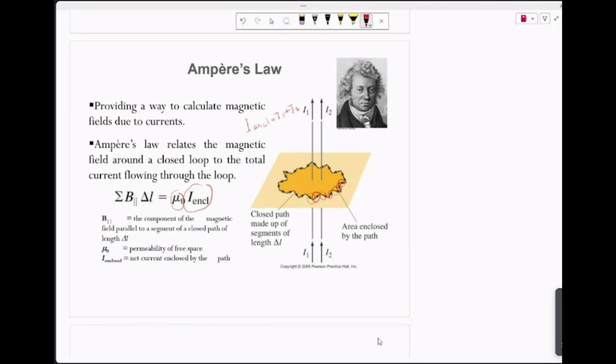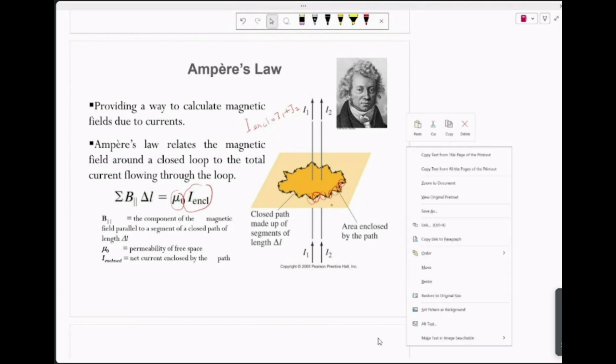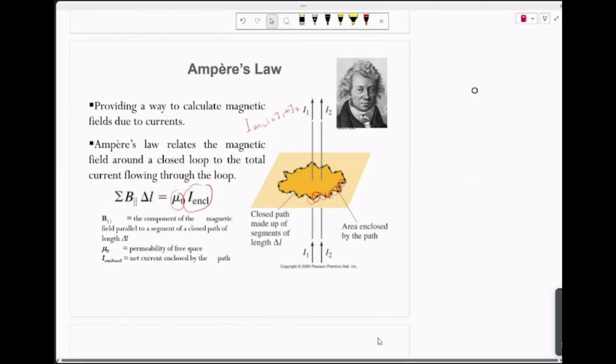If you remember, the value of current also corresponds to the direction of current. In this particular case, since both of them are upwards, if I1 is 1 ampere and I2 is 2 amperes, then the total will be 3.